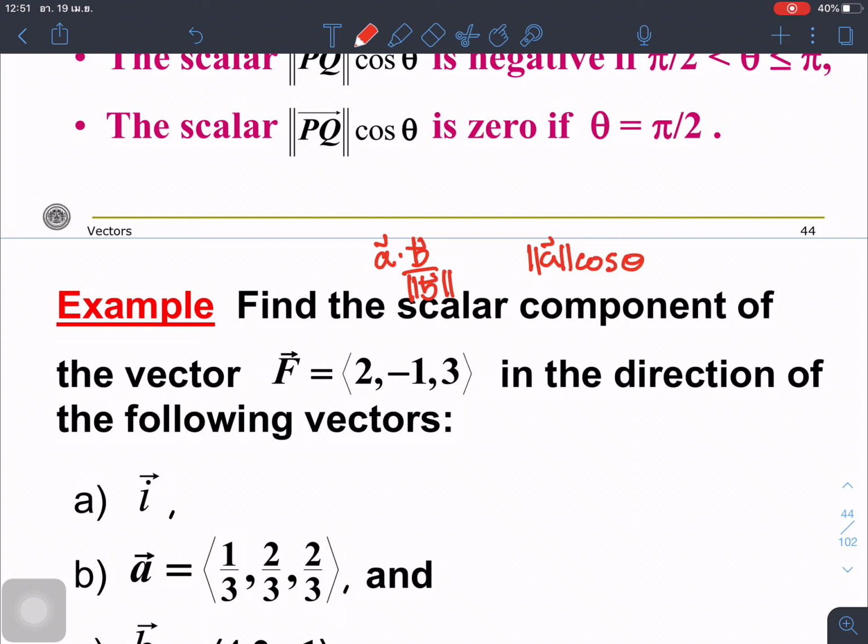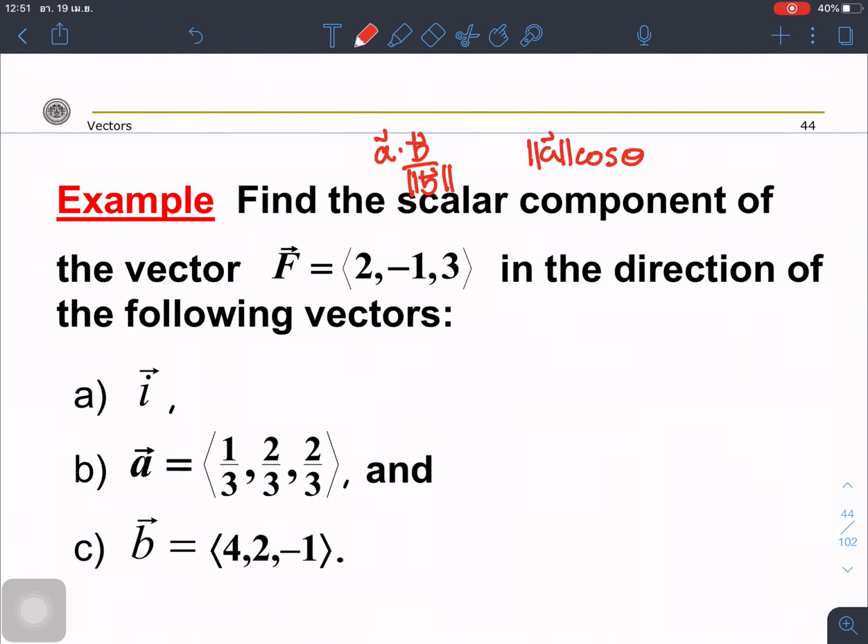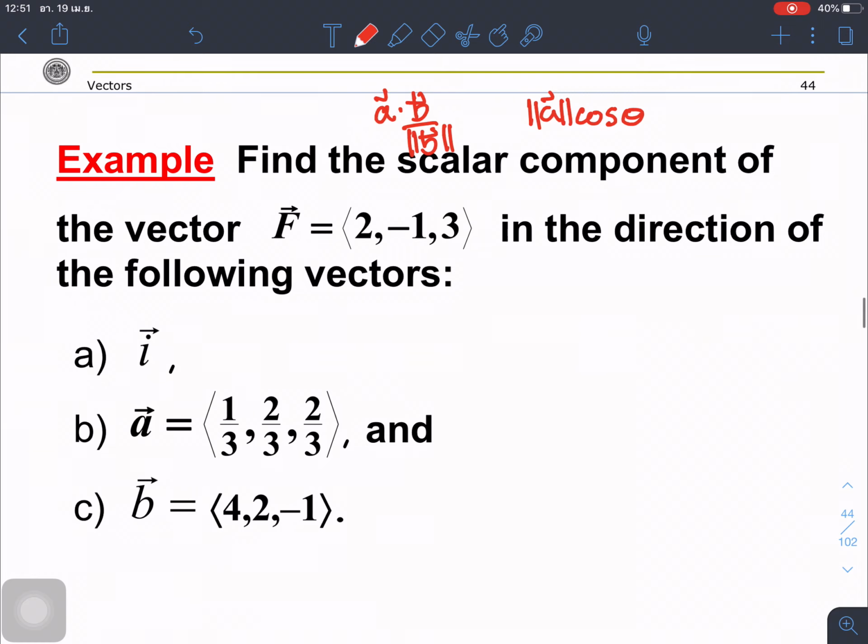But if you use the second one, you must know the angle theta, right? In this example, the only thing given is just the two vectors. You don't know the angle. You can find the angle using the formula, that's fine, but that will take two steps, and we want to do only one step.